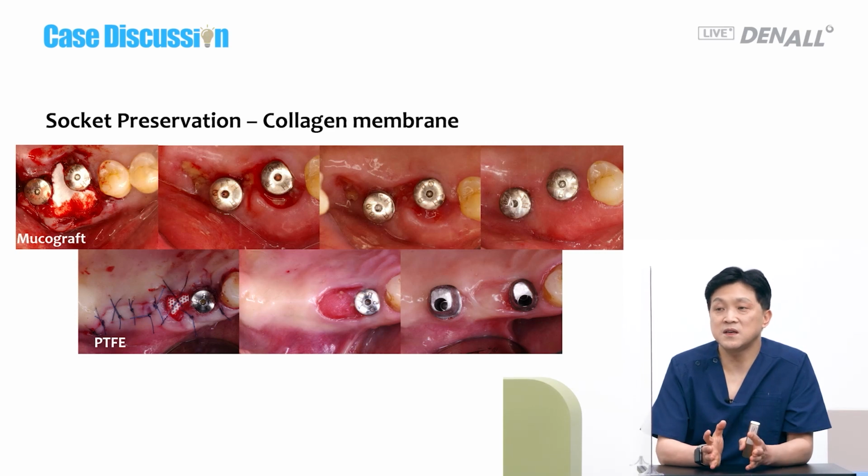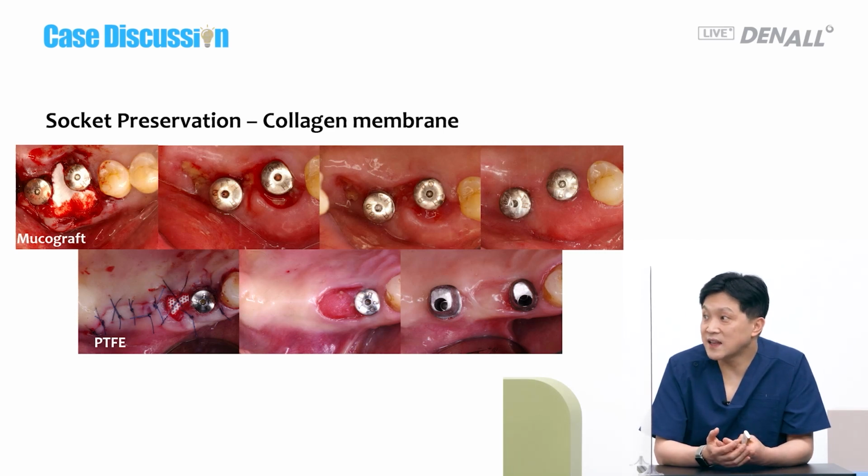Compared to PTFE membrane, collagen has better biocompatibility, so the gingiva healing is much better. At the bottom, an implant is placed immediately after extraction. Where there is a dead space, PTFE membrane is used with the open membrane technique.